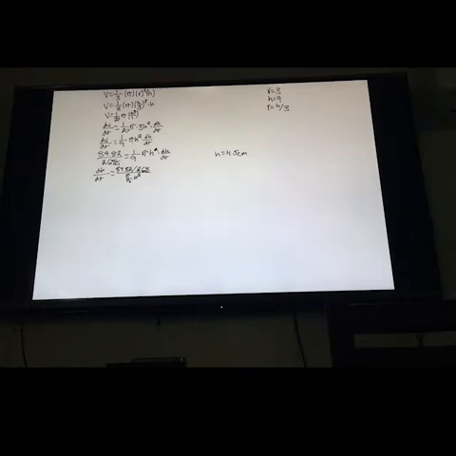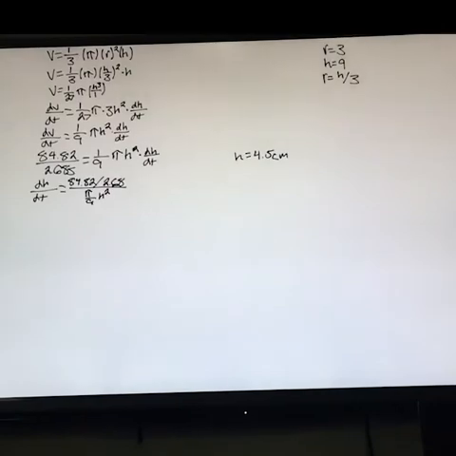After putting all this in the calculator, we get that dh over dt equals 4.48.